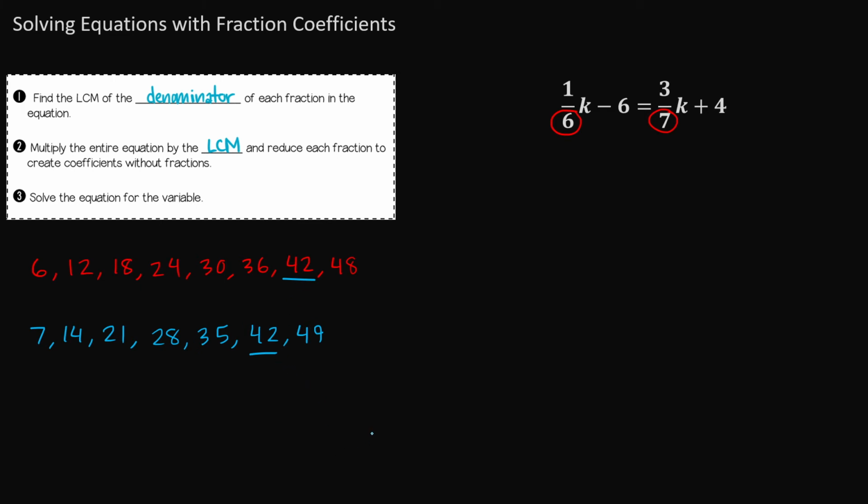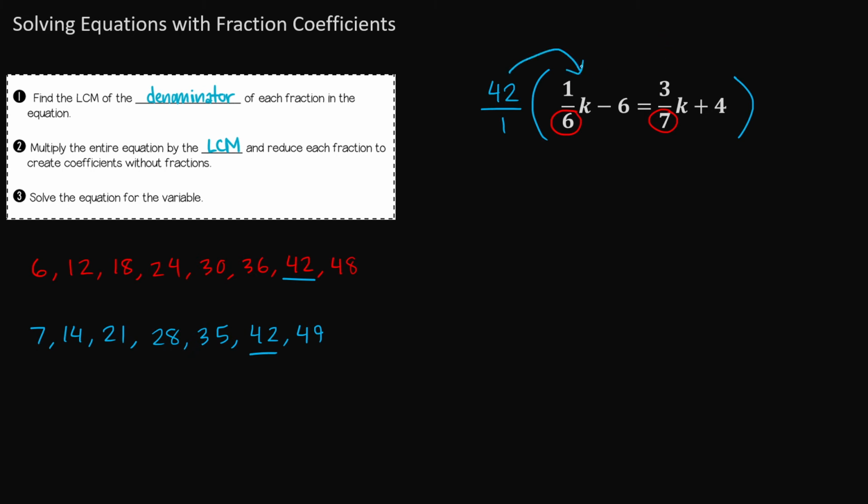So we're going to multiply, I know this is a much larger number, we're going to multiply the entire equation by 42. And I'll write 42 as a fraction over 1. Just makes it simpler to multiply across with our fractions. So if we're multiplying every single term by 42, then let's start with multiplying 42 by 1/6.